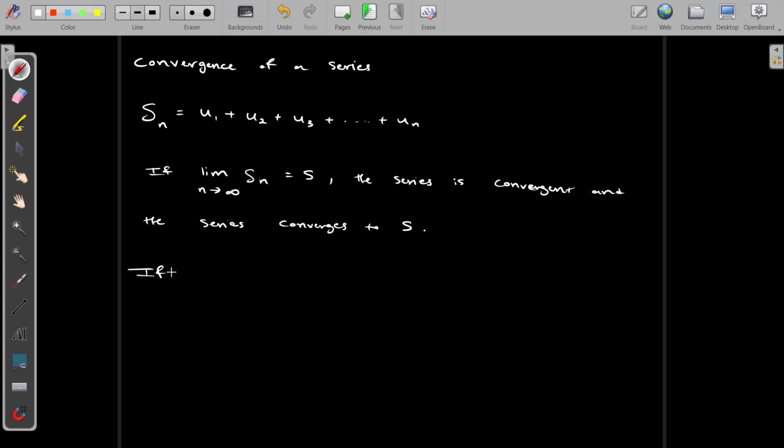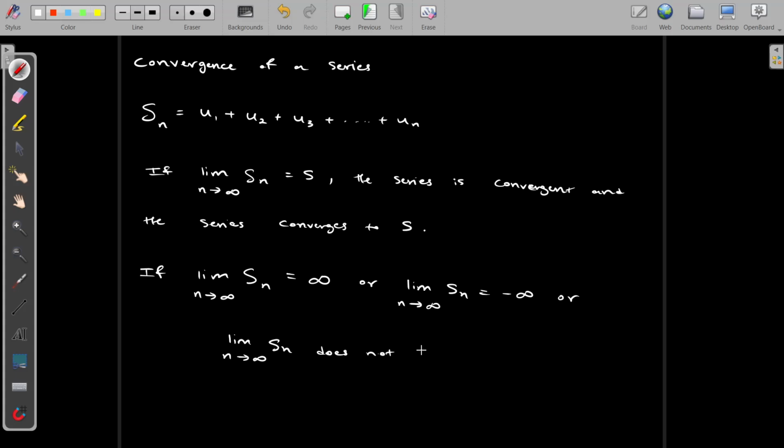So if the limit as n tends to infinity of the series is equal to infinity or negative infinity, or the limit does not exist, so 3 conditions for divergence.